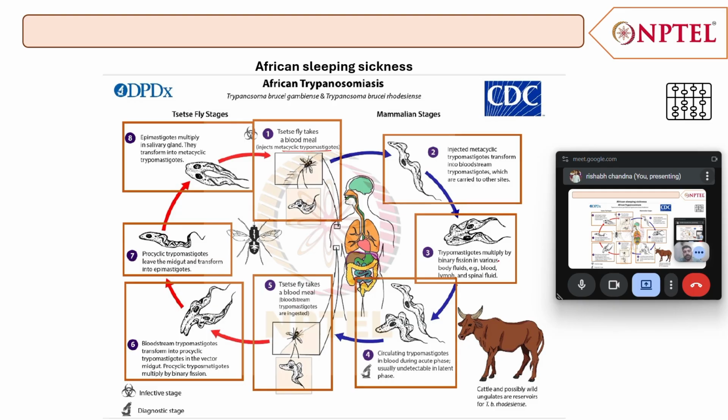Now they multiply by binary fission in various body fluids, for example blood, lymph, and spinal fluid. The circulating trypomastigotes are present in blood during the acute phase, and usually undetectable in the latent phase. Then the tsetse fly takes up these bloodstream trypomastigotes, which are ingested.